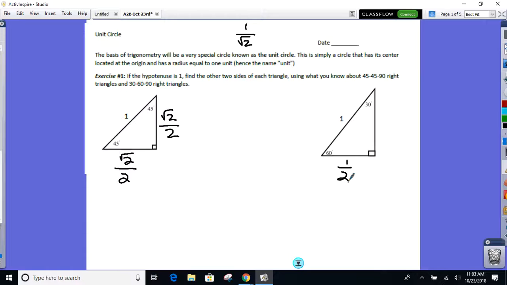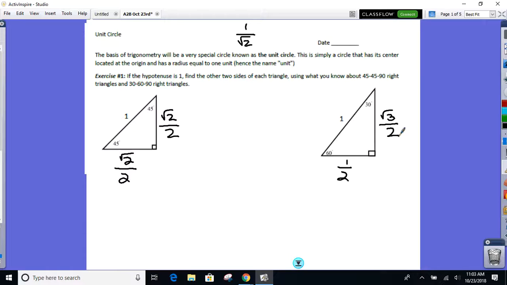And what'd you have to do to the side across from 30 to get to the side across from 60? Multiply it by radical 3. Instead of saying 1/2 radical 3, here's how we're going to refer to it: radical 3 over 2 across from the 60. So again, across from the 30 is 1/2, across from the 60, radical 3 over 2.